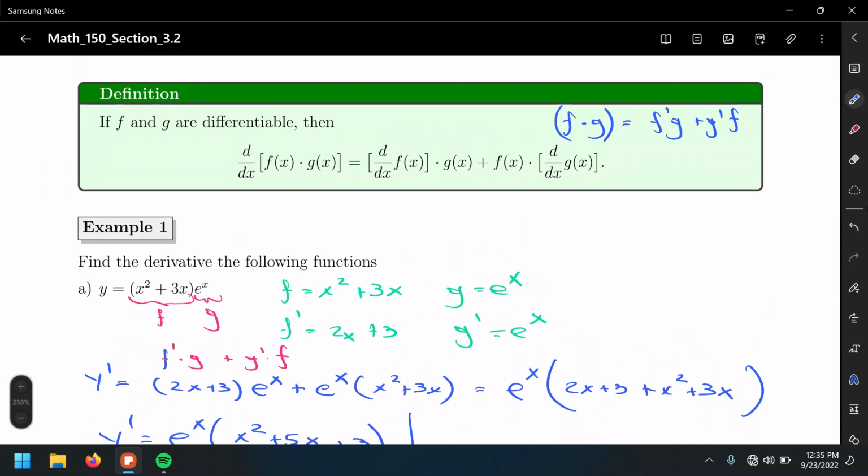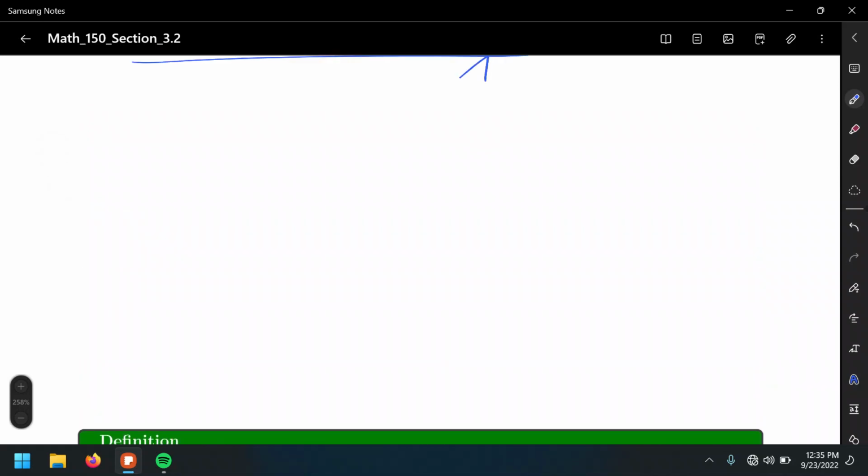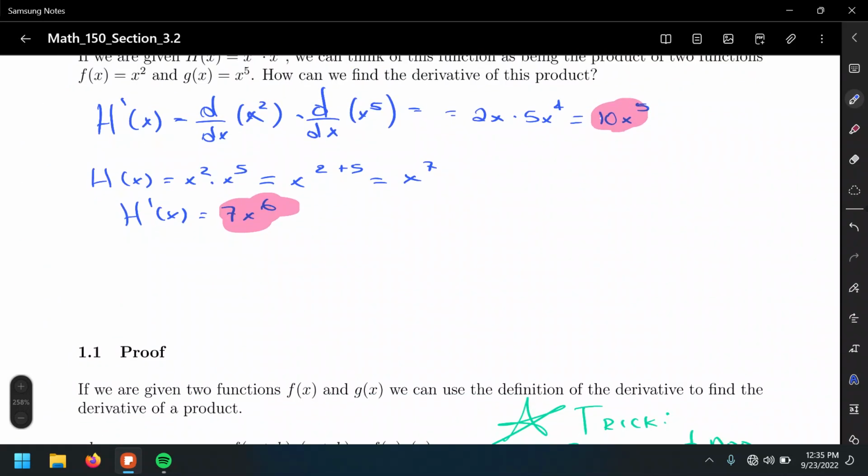Unfortunately, in this class, in Calculus 1, so far we don't have the tools to explain why. We will need L'Hopital's rule and some other mathematical tools that we're going to learn later in the semester. And so in this case, we will just go with that the derivative of e to the x is just e to the x. Okay.